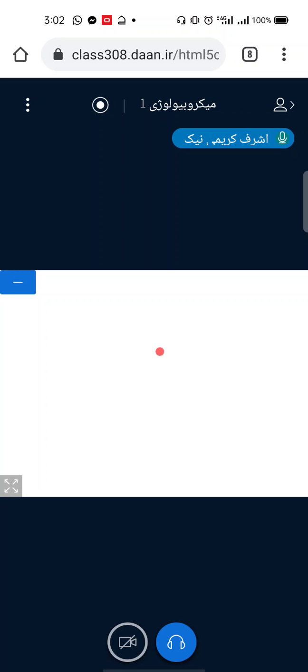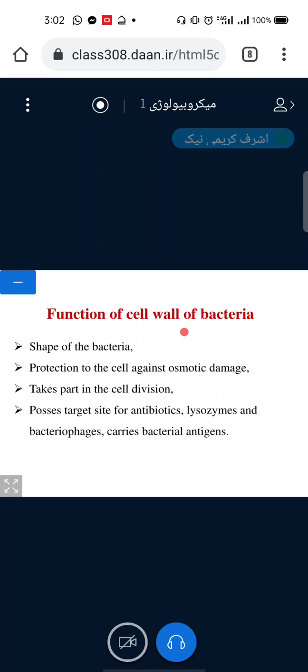Functions of the cell wall of bacteria. One: shape of bacteria.